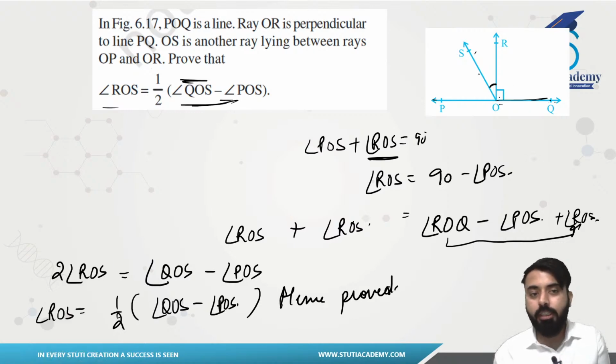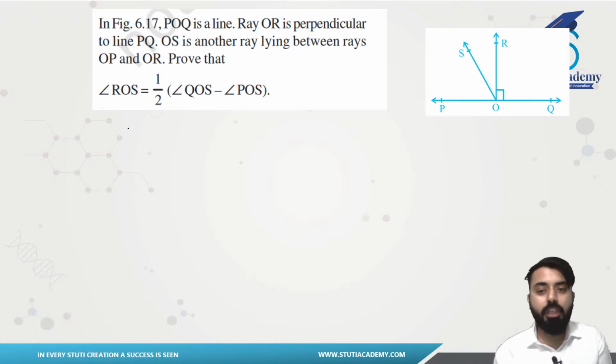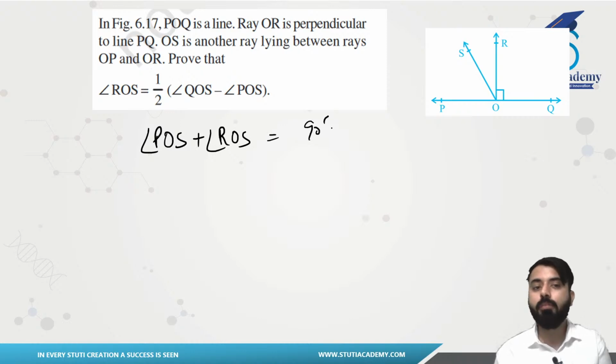I know angle QOS will be what? Angle QOR and angle ROS. If we add these two, I will have QOS, right? And here I know I can get ROS in one more way. Let me just do it with that method also. If I want to find out, I know angle POS plus angle ROS is equal to 90, right?